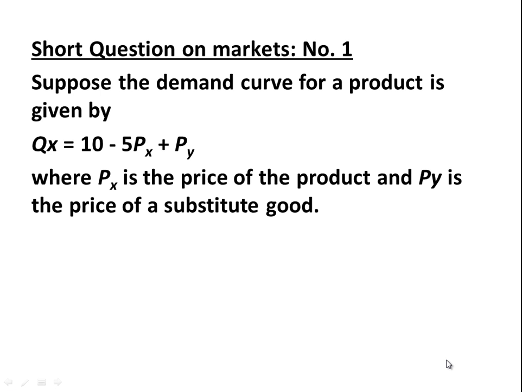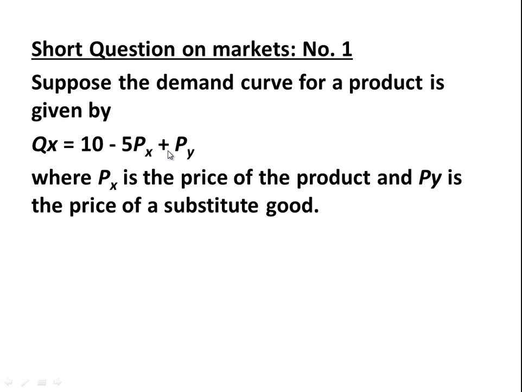Here's the question. Suppose the demand curve for a product is given by this expression: Qx, which is the quantity demanded of X, is equal to 10 minus 5Px plus Py, where Px is the price of the product and Py is the price of the substitute good. Note that the relationship between Qx and Px is negative, given by this negative sign, and the relationship between Qx and Py is positive.